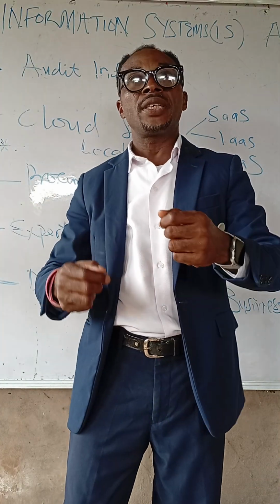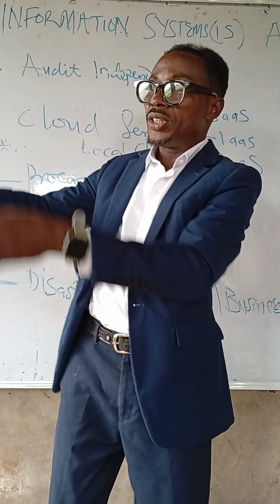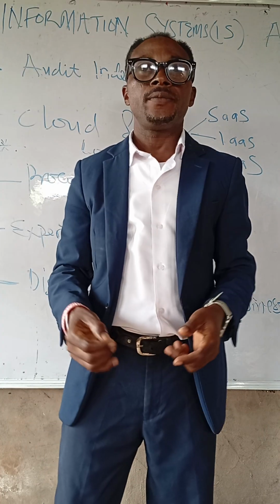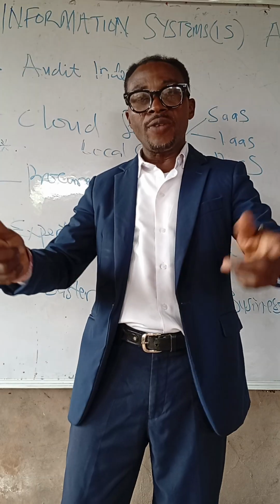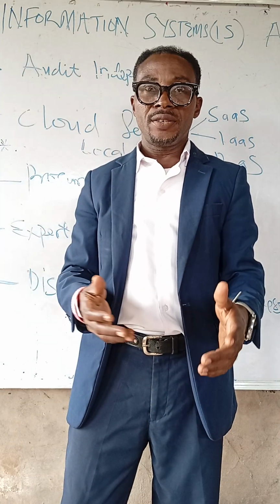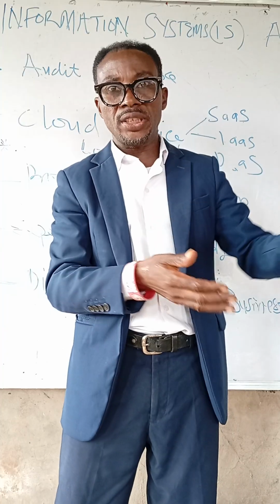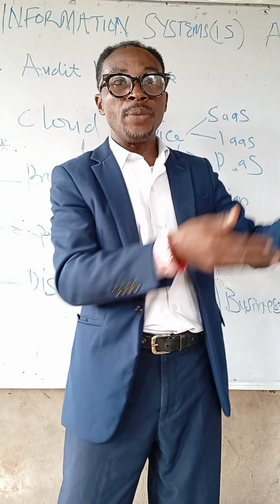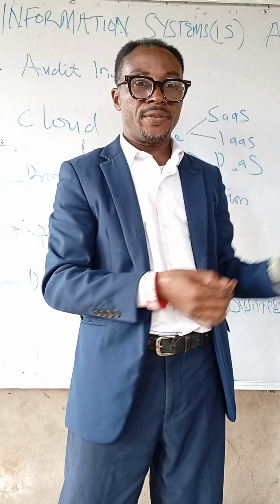For instance, let me pick email server. You this department, you this department, you this department: if the email server goes off for 1 hour, 2 hours, 3 hours, one day, what is the impact? What will you not be able to do? What will you be able to do? Which of your business can you do without the email?